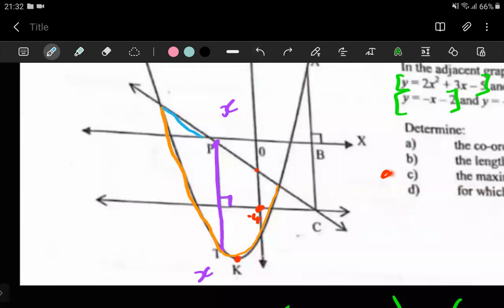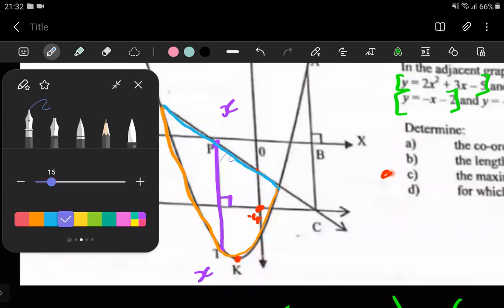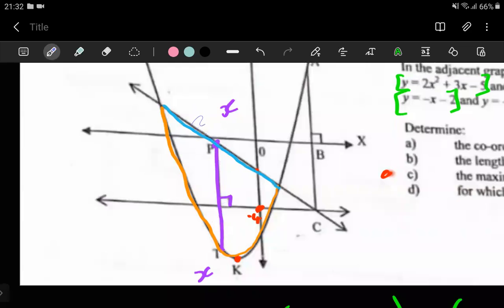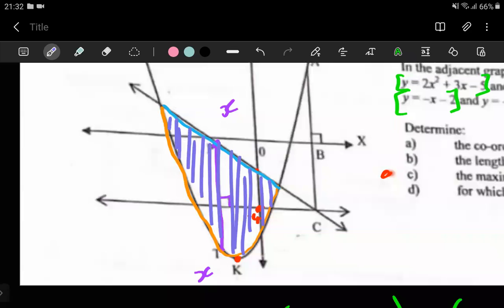If you look at PT, PT is not always just this line here. PT could be this line here, but you can see that's a bit shorter than what we currently have. PT could be this line here. You can see that might be a bit longer than what we currently have. PT could be this distance. Do you see that depending on which x value you look at, the length of PT would change? Do you see that?